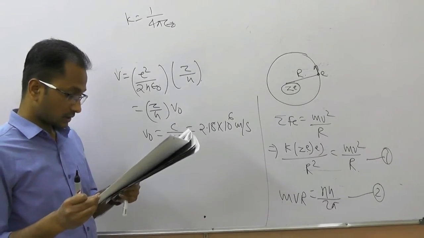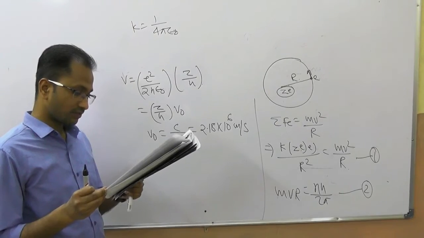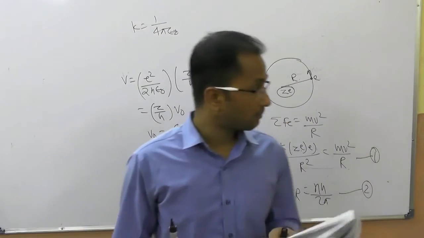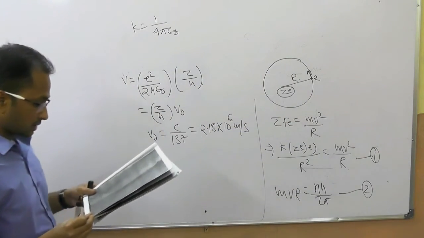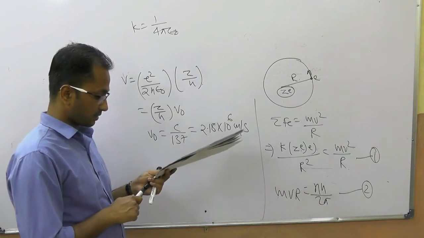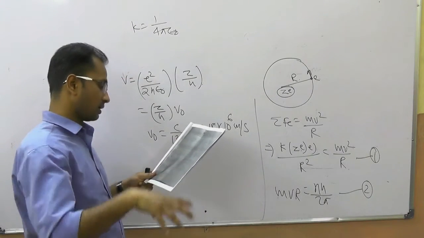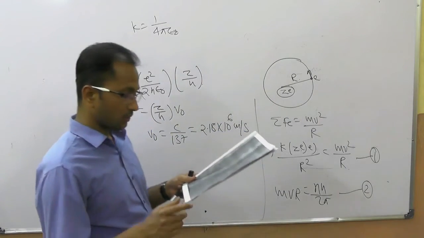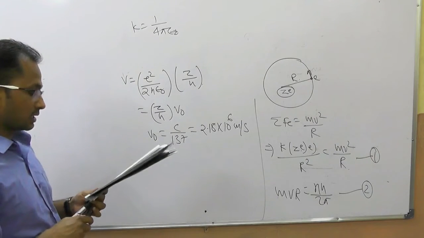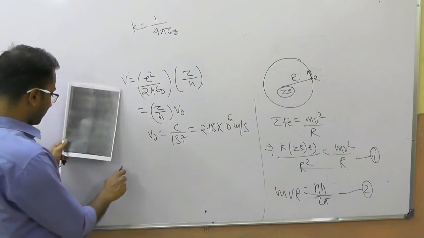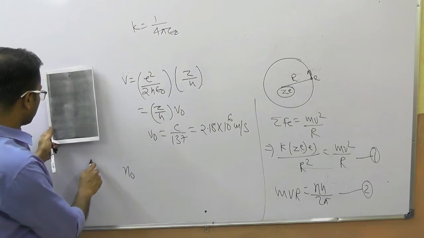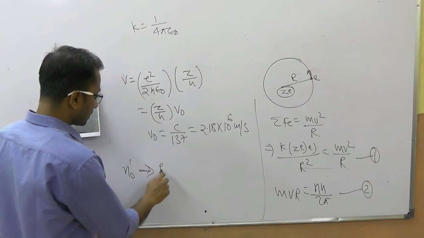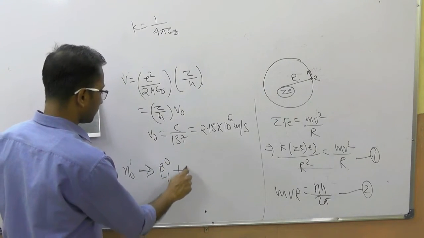Now, explain how the process of emission of photoelectron is different from the process of emission of beta particle. The emission of photoelectron is due to incidence of photons on the metal surface, but beta emission is a nuclear phenomenon in which one neutron breaks into one proton and one electron, the beta particle.